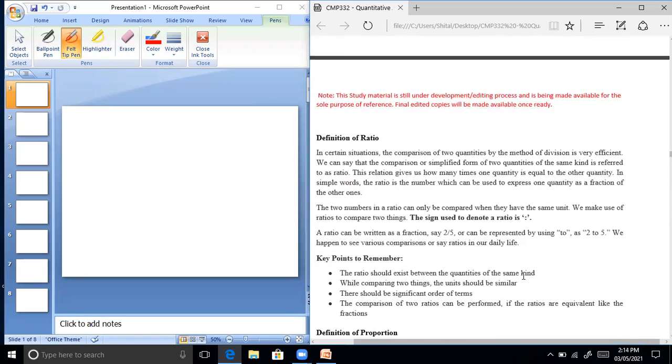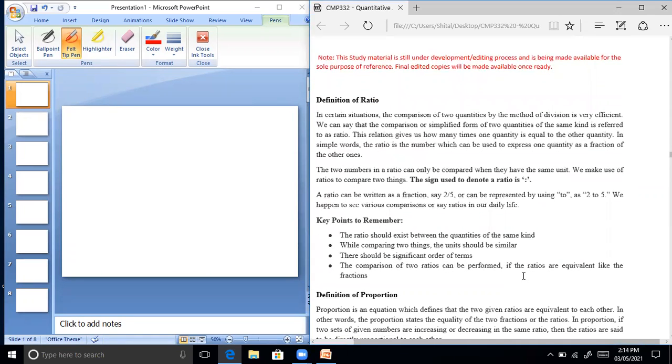What is ratio? In certain situations, the comparison of two quantities by the method of division is very efficient. We can say that the comparison or simplified form of two quantities of the same kind is referred to as ratio. This relation gives us how many times one quantity is equal to the other quantity.